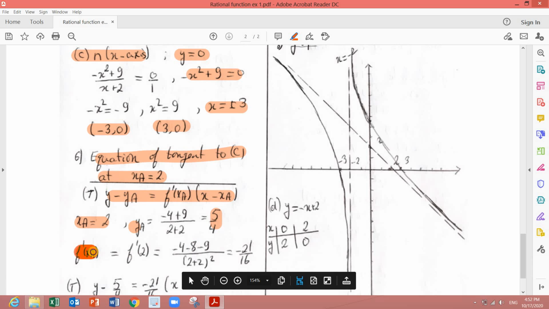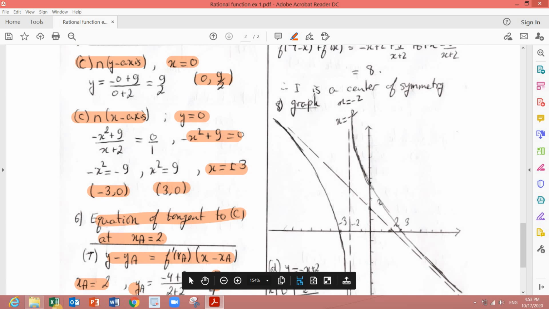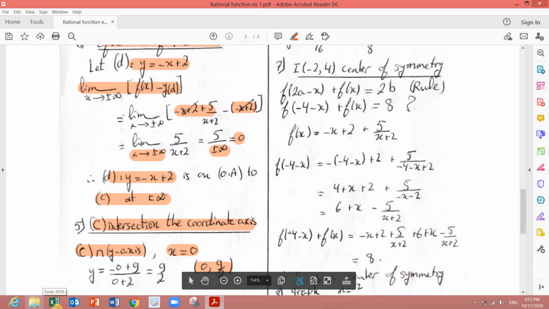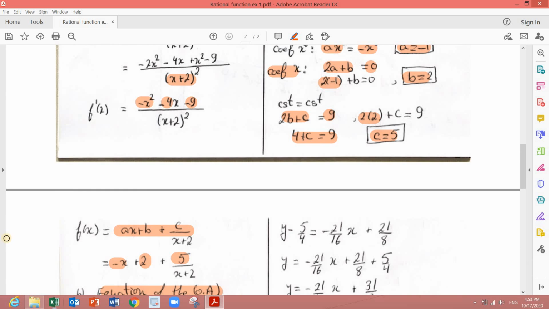F prime of x_A, it is f prime of 2, this is the slope. I replace the value of x in the derivative. We have determined the derivative in the first part, which is minus x squared minus 4x minus 9 over x plus 2. We replace x by 2, it becomes minus 4 minus 8 minus 9 over 2 plus 2.